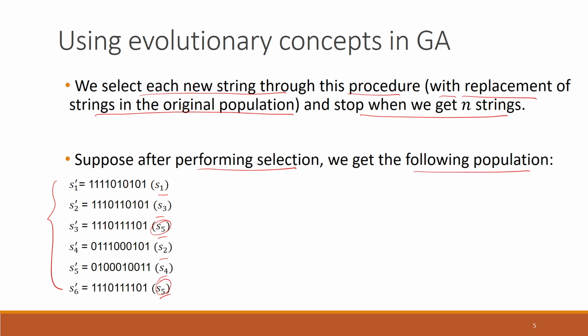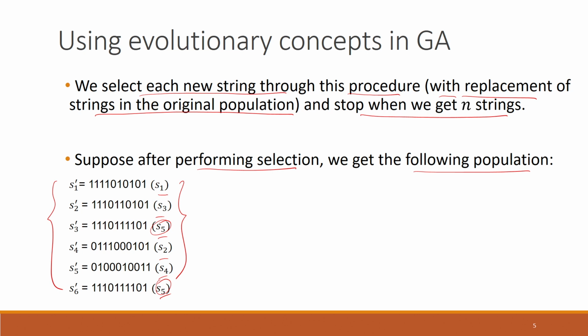So it can happen that the total fitness value of this new population is higher than the total fitness value of the original population. It can be the same also, and it can be lower also. So this is a randomized approach. However, in the long run, solutions that have higher fitness value will have a larger slice of the roulette wheel, so they will have a higher likelihood of getting passed on.